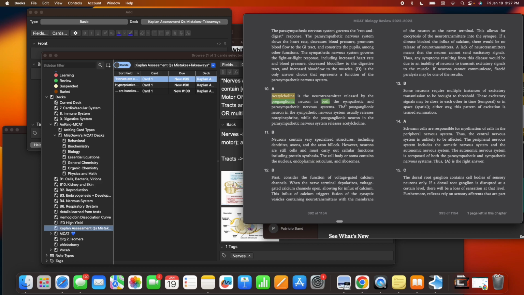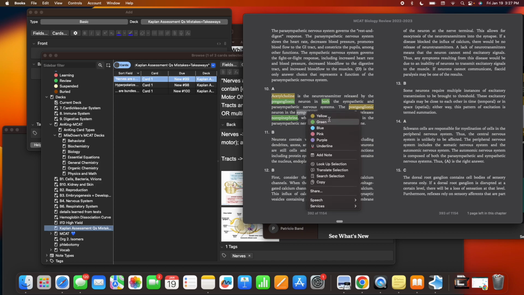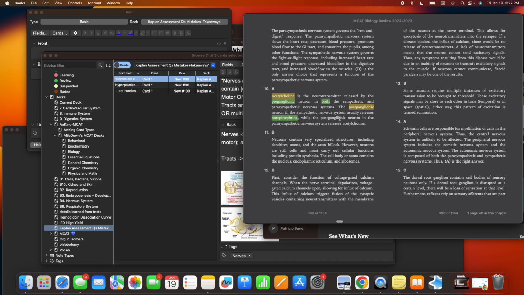Then we want the postganglionic neuron. In the sympathetic nervous system, the postganglionic neuron usually releases norepinephrine, while the postganglionic neuron in the parasympathetic releases acetylcholine. There are 3 factors in this one, right?